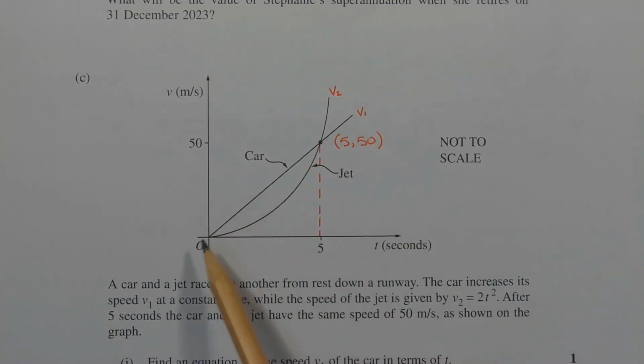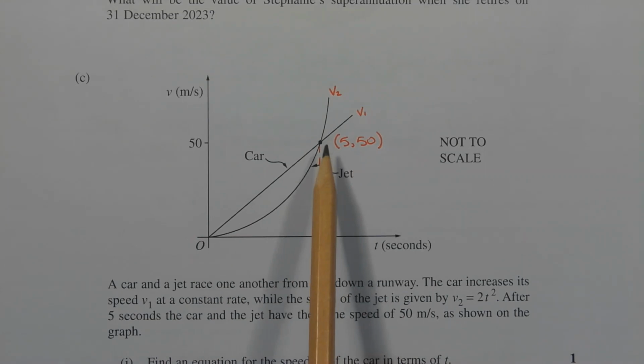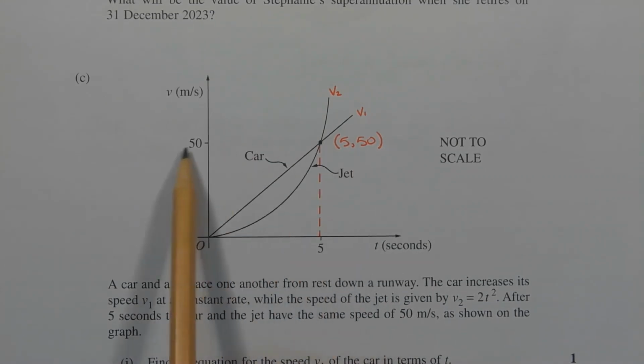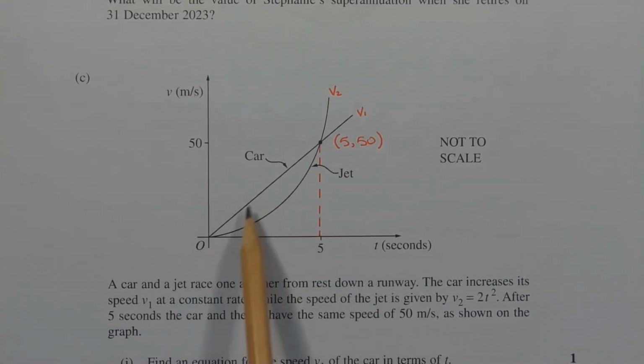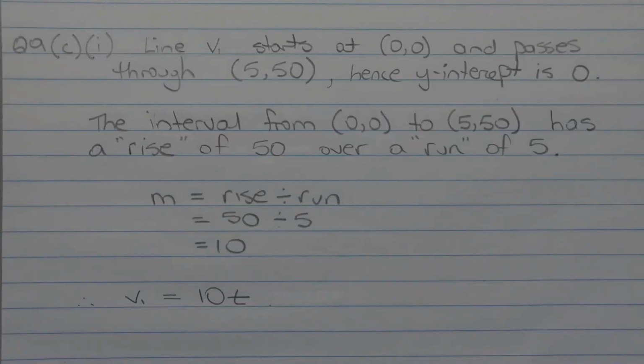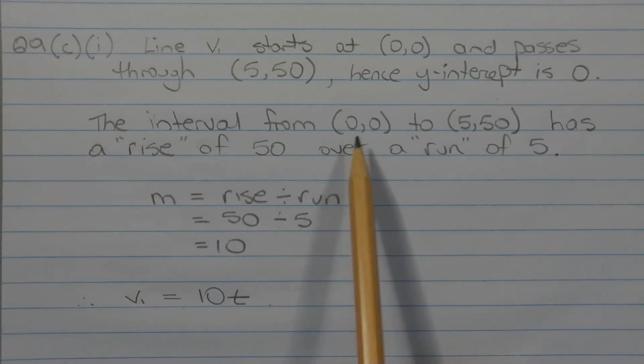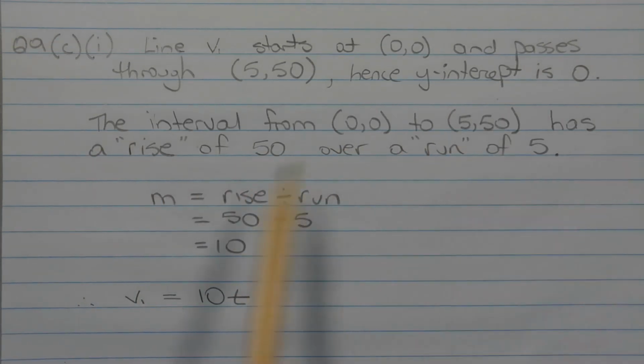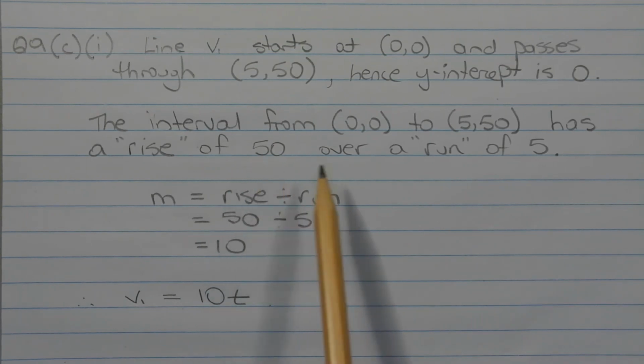The line v1 starts at the origin, which has coordinates (0, 0), and passes through the point (5, 50). Hence its y-intercept is 0. The next thing we need to determine is the gradient of that line. Now the interval from (0, 0) to (5, 50) has a rise of 50 over a run of 5.